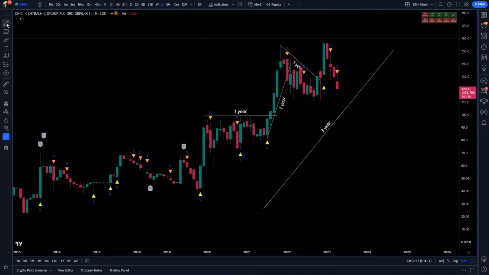So what do we understand from here? So this quarterly came down after making a breakout. So what could be happening? There are two possibilities that are not confirmed yet.